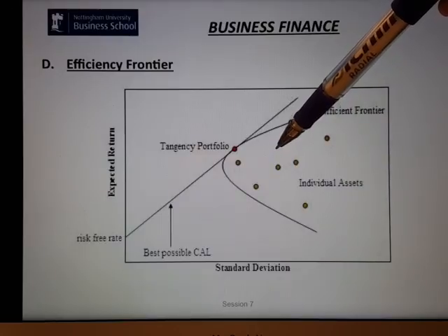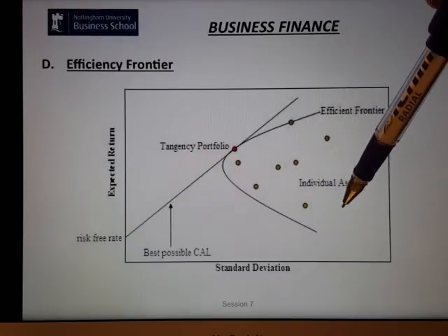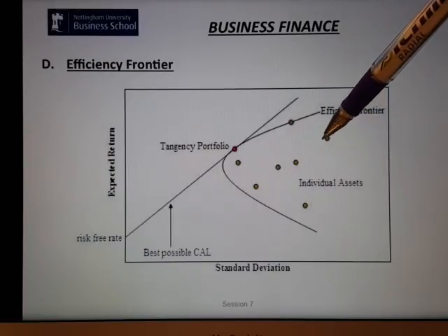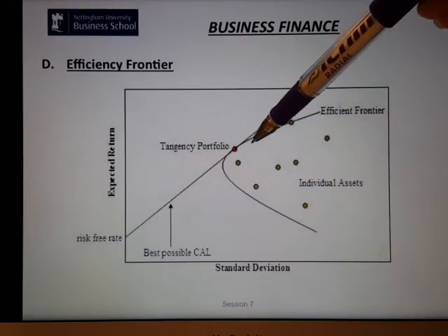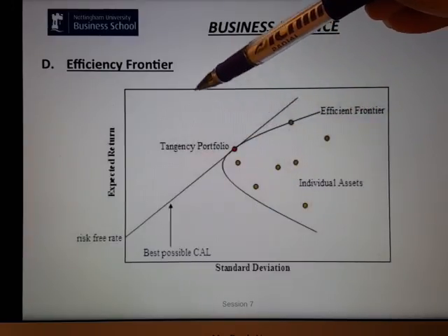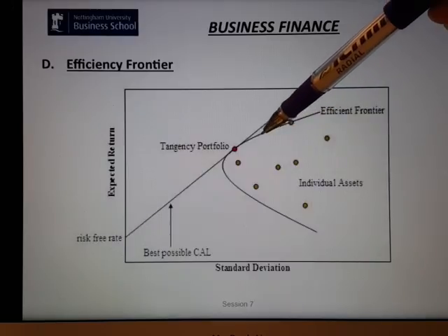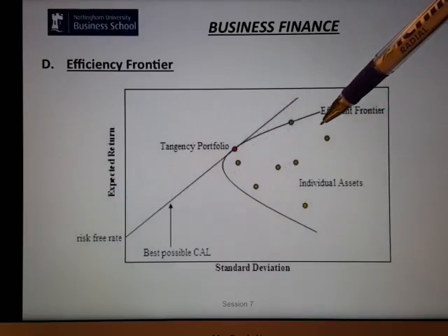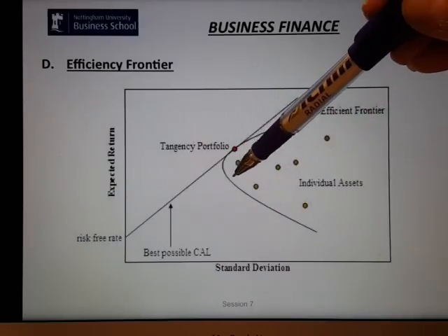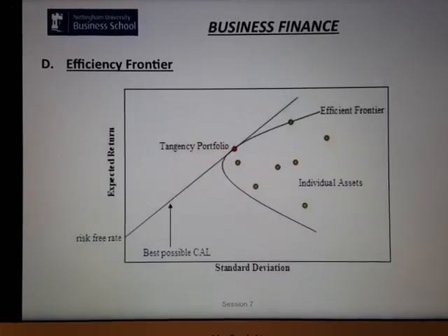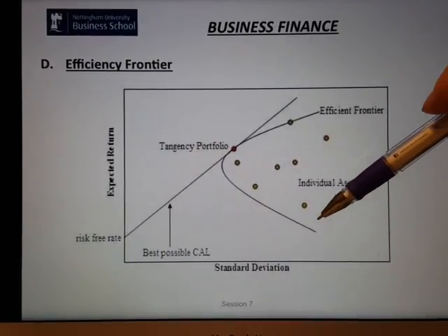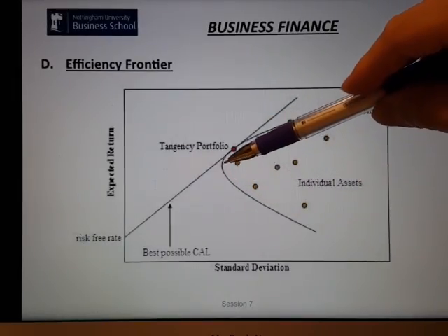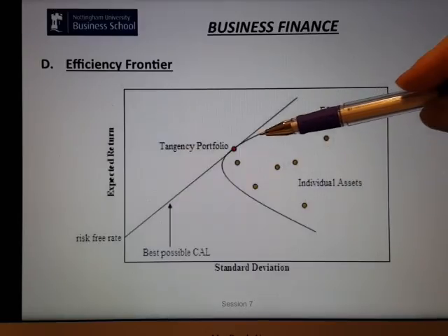So according to Markowitz, if you put together all the available investments, the investments that are located close to the super efficient, the group here, is positively sloped like a parabola, and this is where the best available investment is.